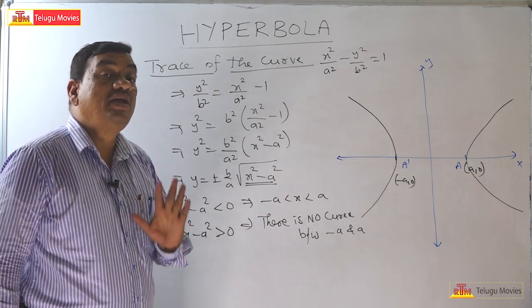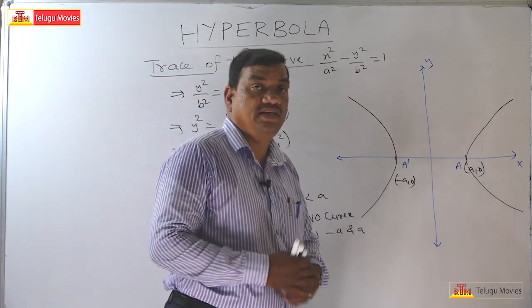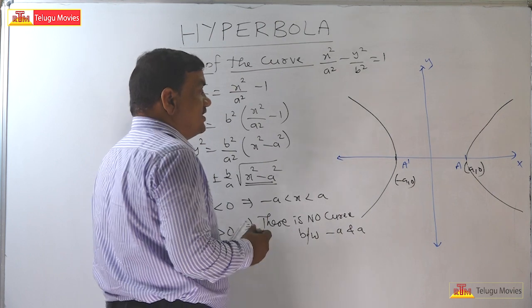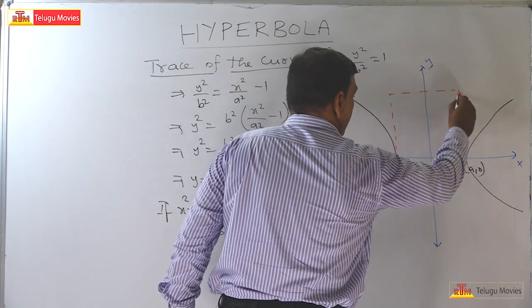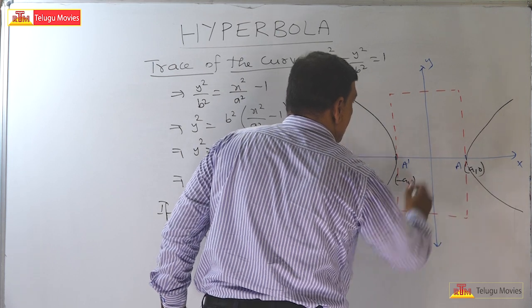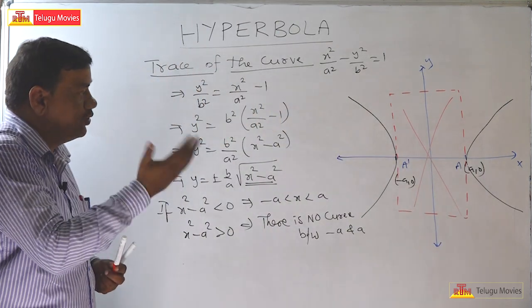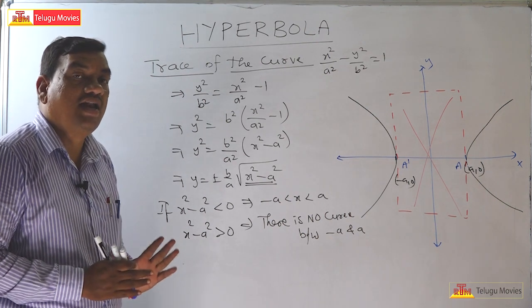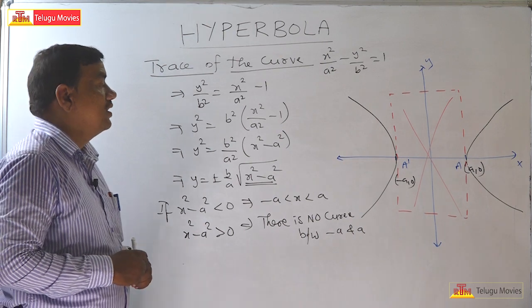So there won't be any curve between minus a and plus a. So that means in this area there won't be any curve. From minus a to plus a, there won't be any curve. That is the first thing we have to remember.